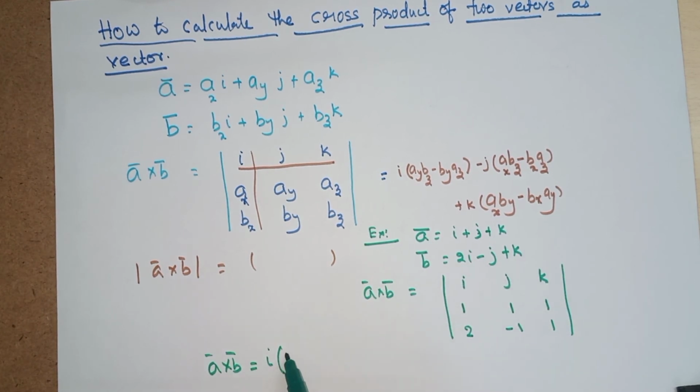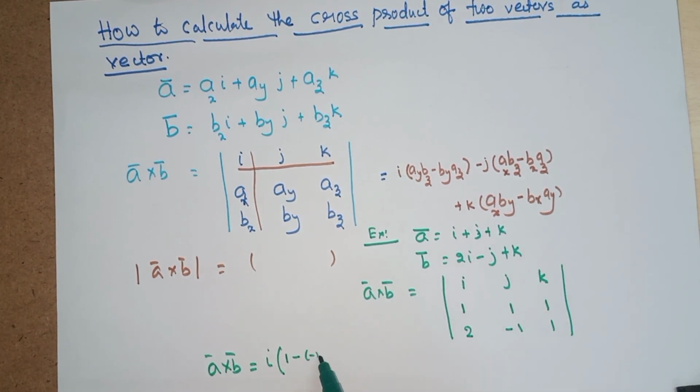One into one minus of minus one, minus j, 1 into 1 minus 2 into 1, plus k, 1 into 1 into minus 1 minus 2. So 1 plus 1 is 2i, and 1 minus 2 is minus 1, so minus j, and minus 3k. This is a simple cross product of two vectors.